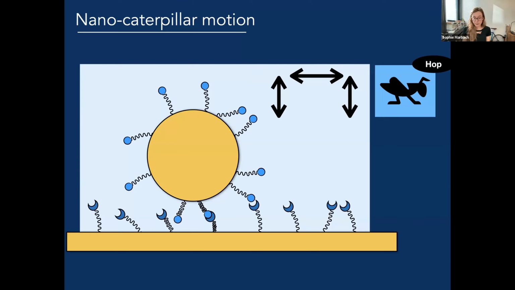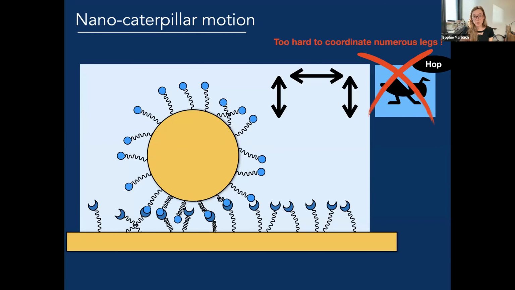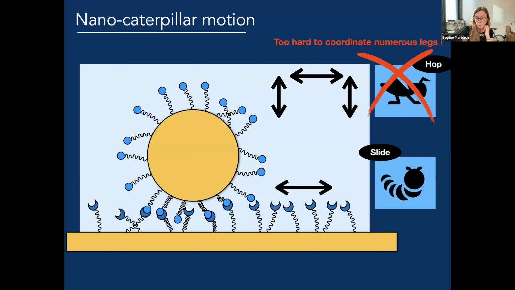It's rather likely to unbind them all at the same time and then hop. But when you have lots and lots of legs, coordinating them to all detach at the same time is definitely a rare event. So you do pay a price by trying to slide, right? Because you're attached by all these tethers, but overall, it's likely a more efficient way of covering the surface.